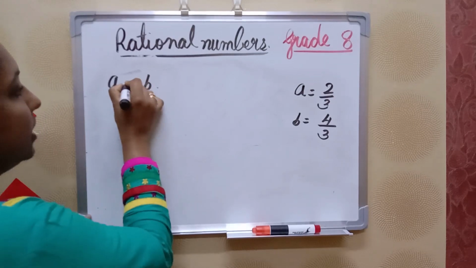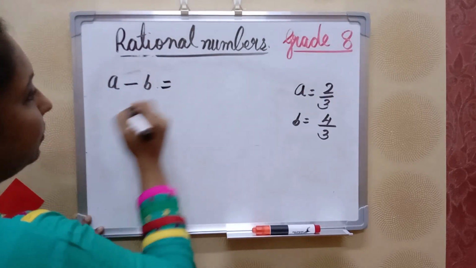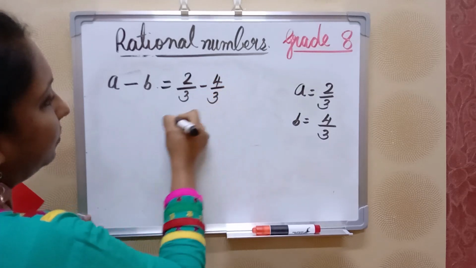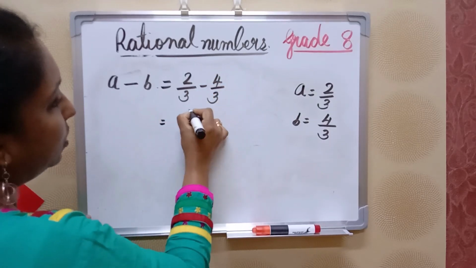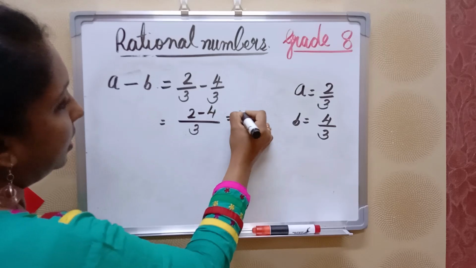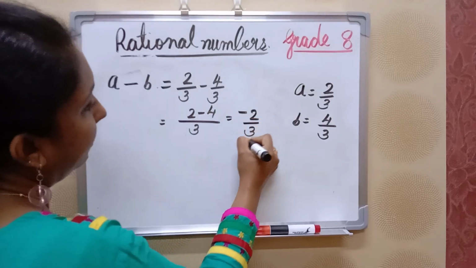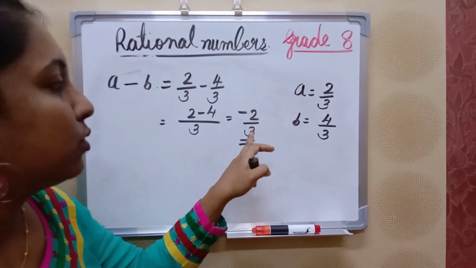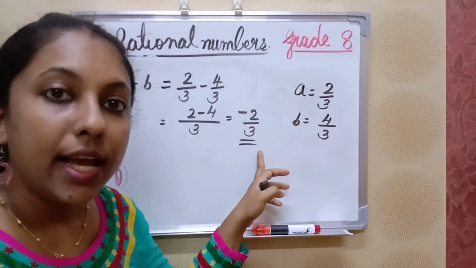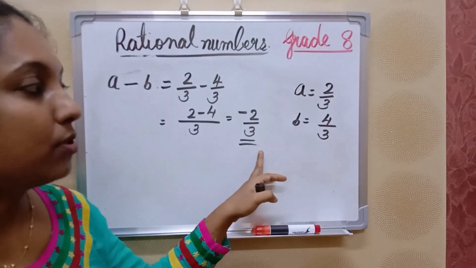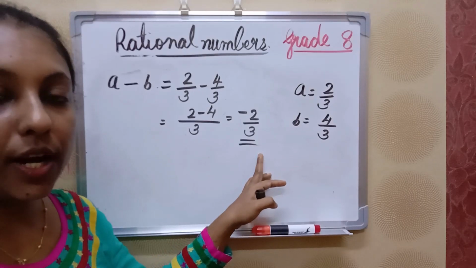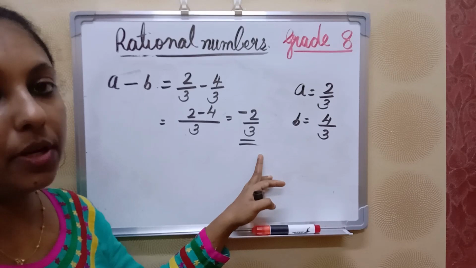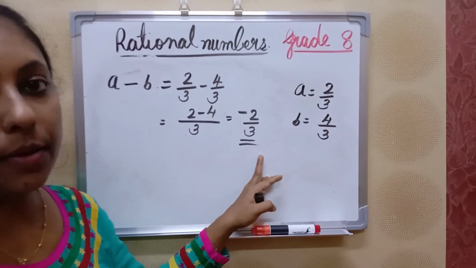So a minus b we can check. 2 by 3 minus 4 by 3. 2 minus 4 upon 3. It is minus 2 by 3. Yes, minus 2 by 3 is also a rational number. So subtraction of rational numbers is closed. Rational numbers are closed under subtraction.